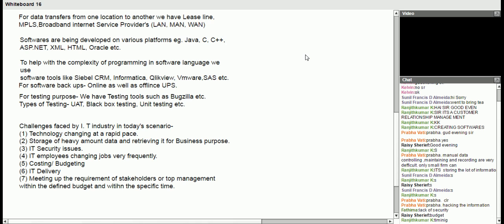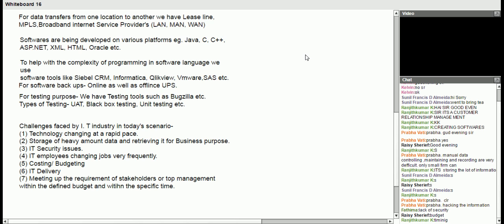So these are some of the challenges being faced by the IT industry. 1. Technology changing at a very rapid pace. 2. Storage of a heavy amount of data and retrieving it for business purposes. 3. IT security issues. 4. IT employees changing jobs very frequently. Fifth is costing and budgeting. Sixth is the delivery.